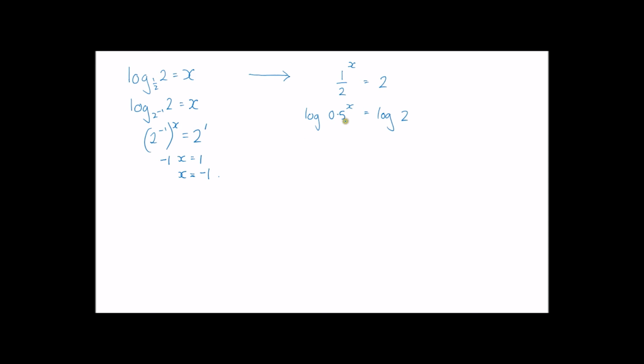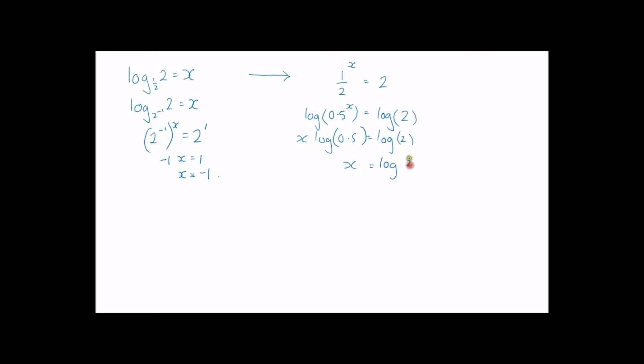Following my log laws, we know that log of 0.5 to the power of x is the same as x log 0.5. And then all I need to do is divide both sides by log of 0.5 to get x on its own. So it just becomes a bit of simple algebra.